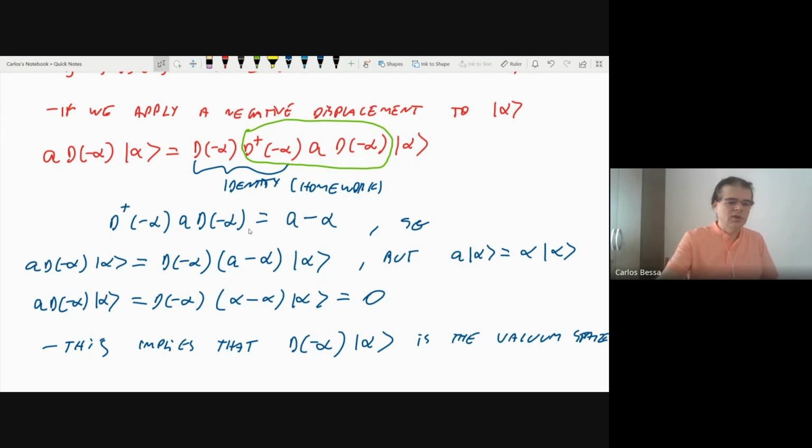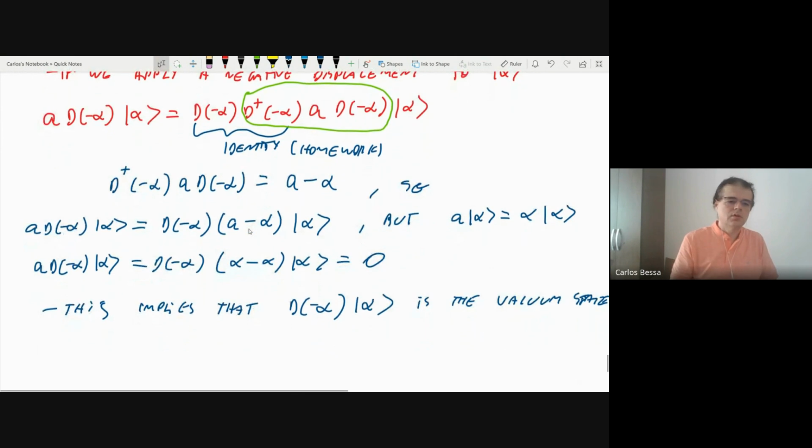So consequently, a coherent state is the displaced vacuum.